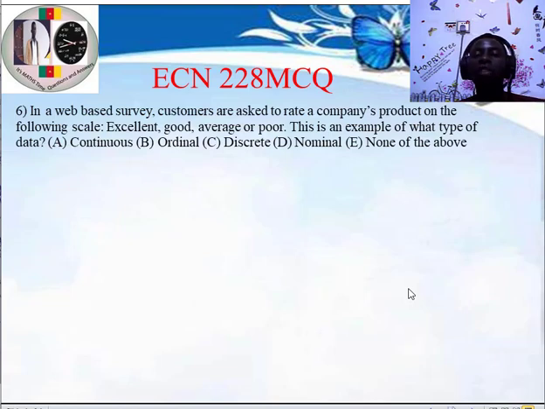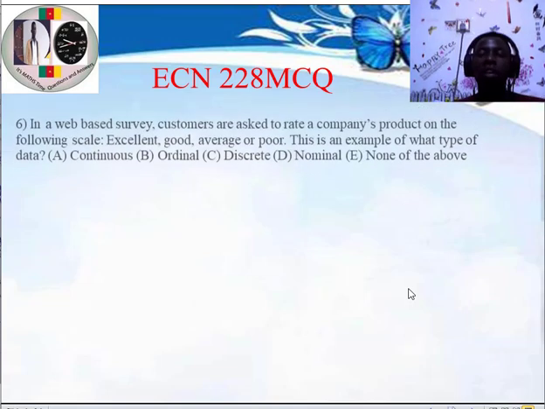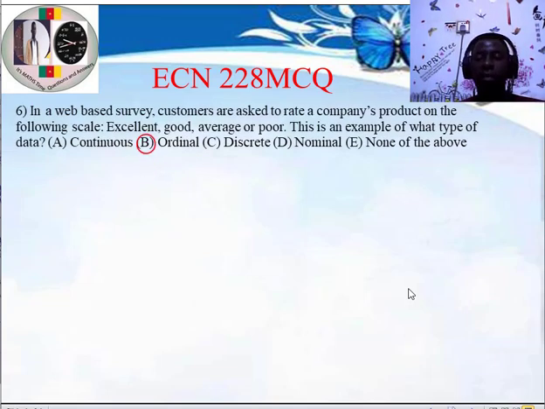When we are talking about nominal data, we don't talk about any order, we just list, like gender, male, female, like hair color, and so on. So since we are talking about a particular order in which we are going to provide our customers, excellent, good, average, or poor, we are going to be talking about ordinal data.